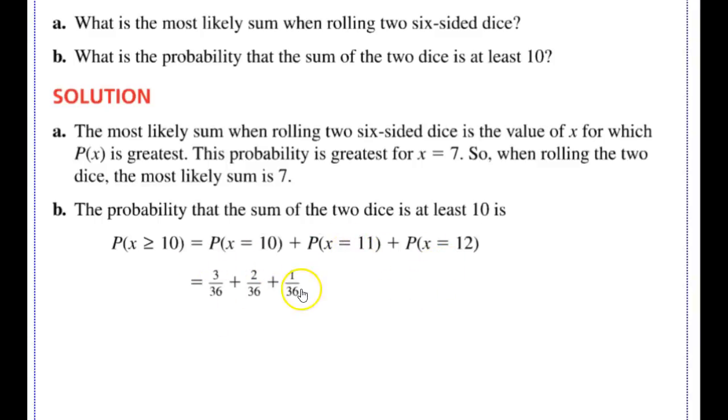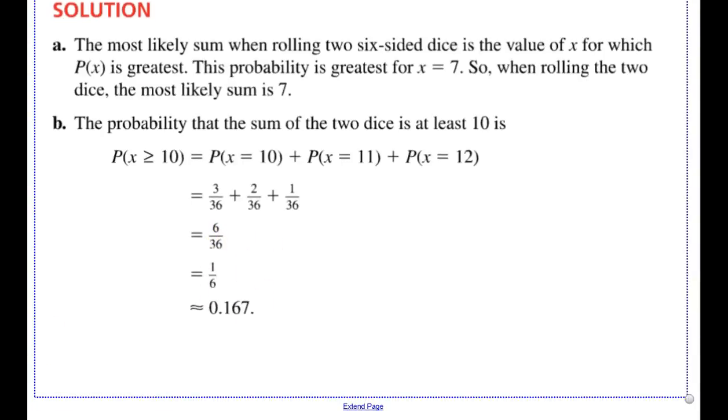So then I substitute my values from my chart from before, and then I solve, and I end up with 6 over 36, and I simplify. So my probability is approximately 16.7% that the sum will be at least 10. So I can come up with this without using my histogram and my table, but it's much easier once I've already done that step.